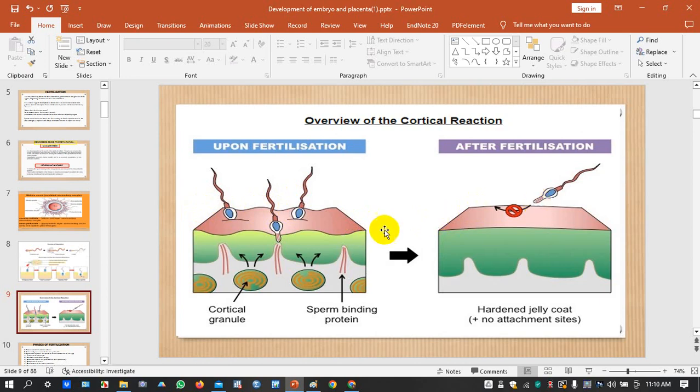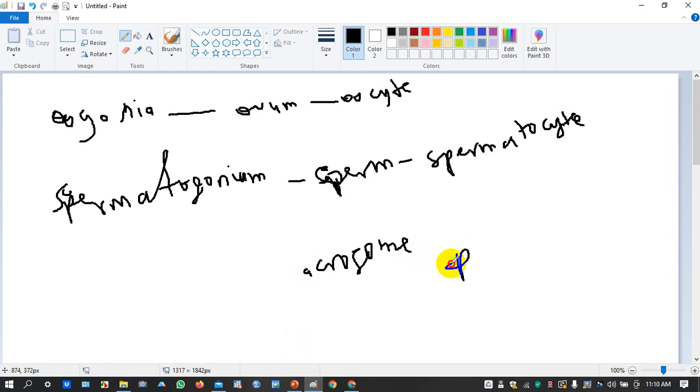And this will prevent what we call polyspermy, multiple sperms fertilizing one ovum or one egg. It's a taboo. So we want to prevent polyspermy.